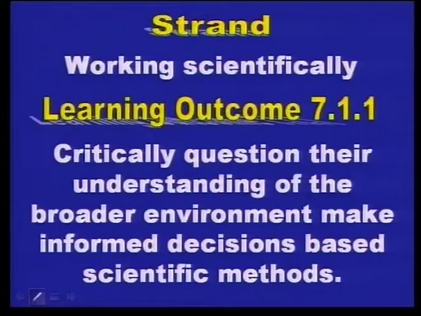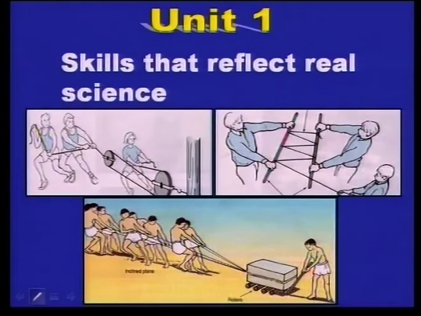Good. In today's lesson, we are going to be looking at our strand, which is still working scientifically. Learning outcome is still 7.1.1, and we are on unit 1, skills that reflect real science.